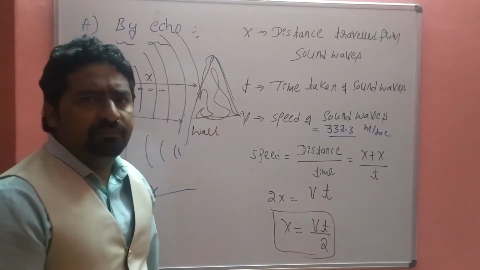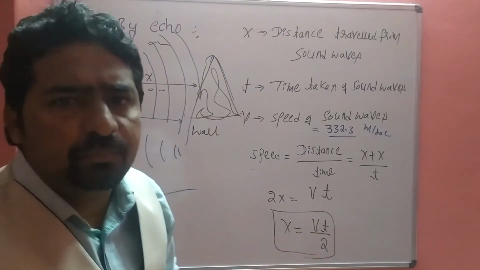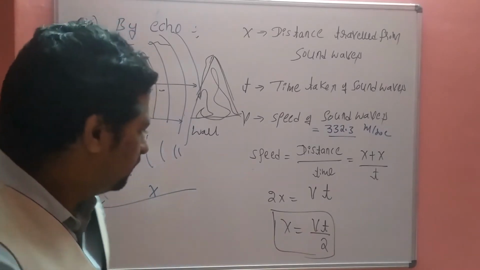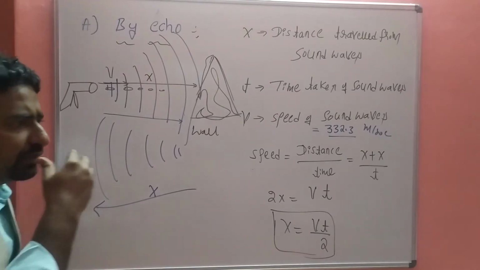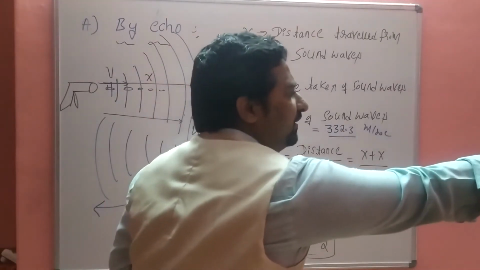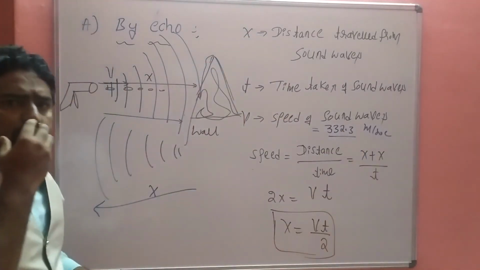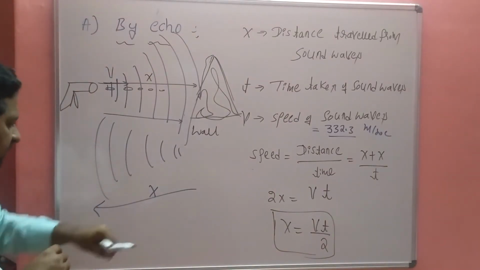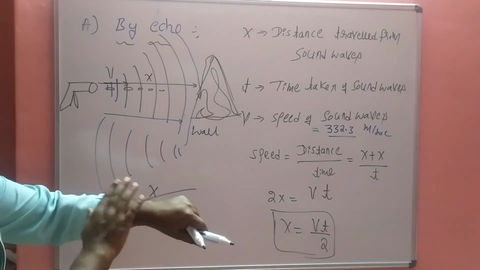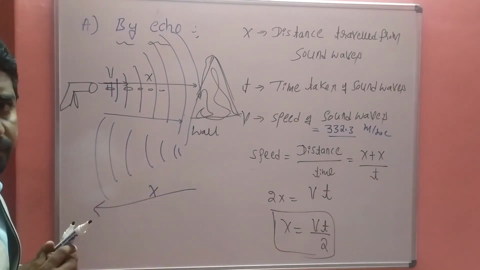How do we find the time taken? By using a stopwatch. Now I produce the sound waves. The sound waves travel, hit the wall and rebound to my ear. So I count the time by using the stopwatch.